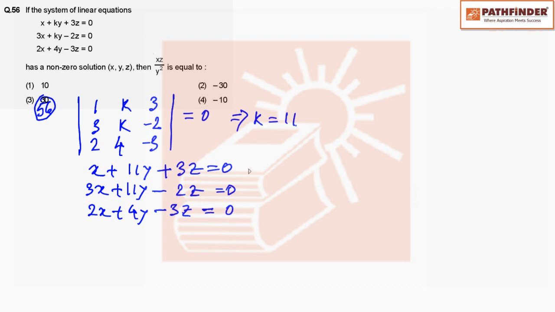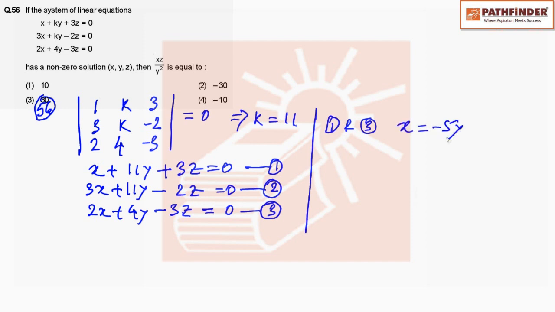This is 1, this is 2 and this is 3. If we mark these equations, then from equations 1 and 3, we get x equal to minus 5y.